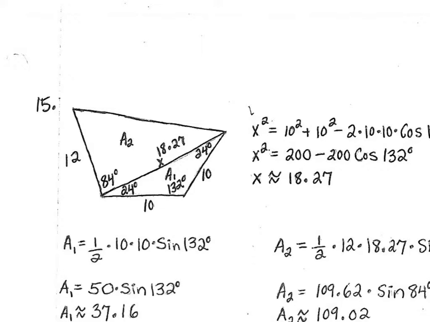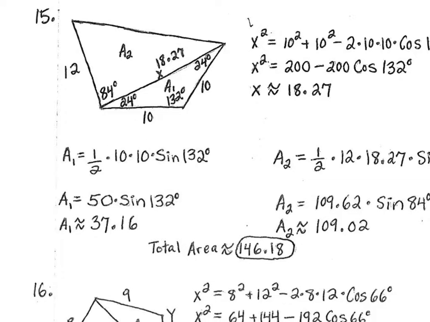So 132 degrees leaves 48 degrees to be split in half, so 24 here and 24 here. And then that allows me to find the remaining 84 degrees of this big angle, because remember that was 108 degrees to begin with. So if this is 24, then 84 is here. Okay, so here are the calculations that we're going through.